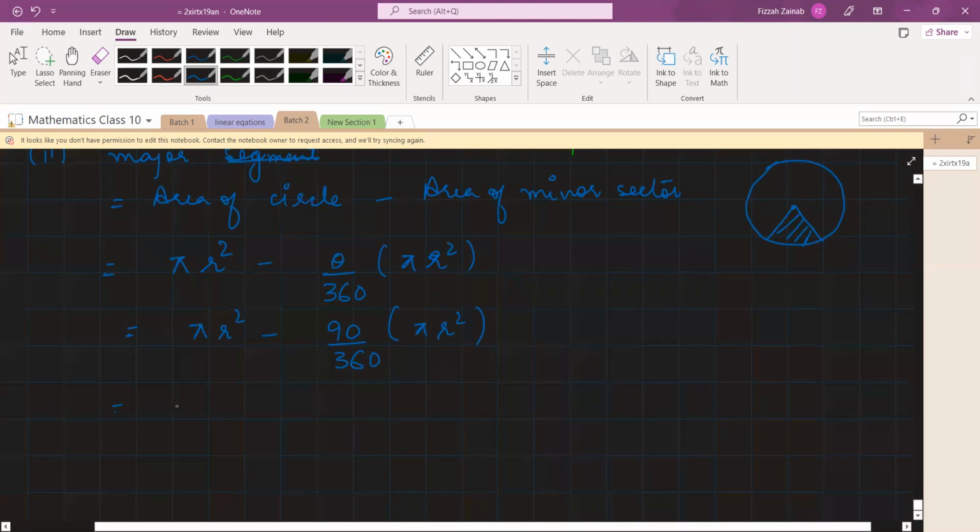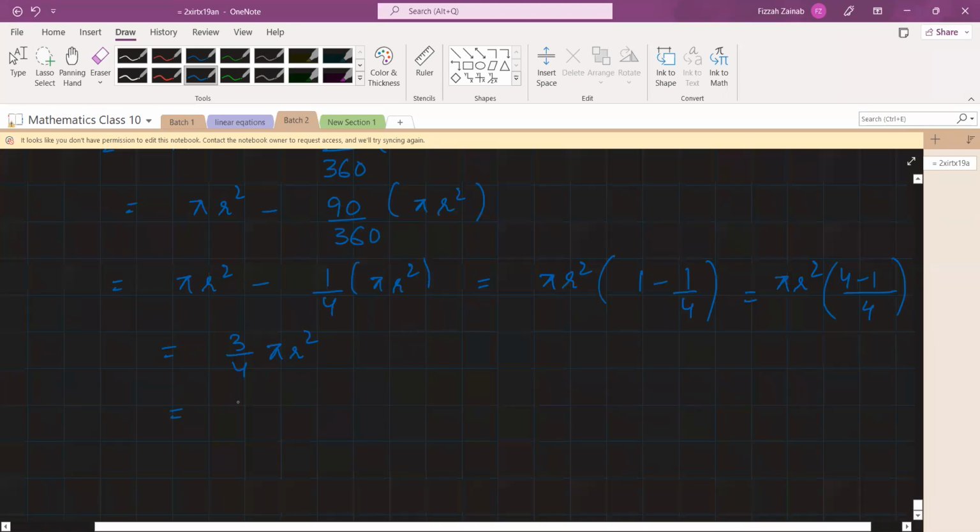So this is pi r square minus 1 by 4 into pi r square. You can take pi r square common, and then you have 1 minus 1 by 4. If you take LCM, which is 4, this is 4 minus 1. So basically you now have 3 by 4 pi r square, clear?